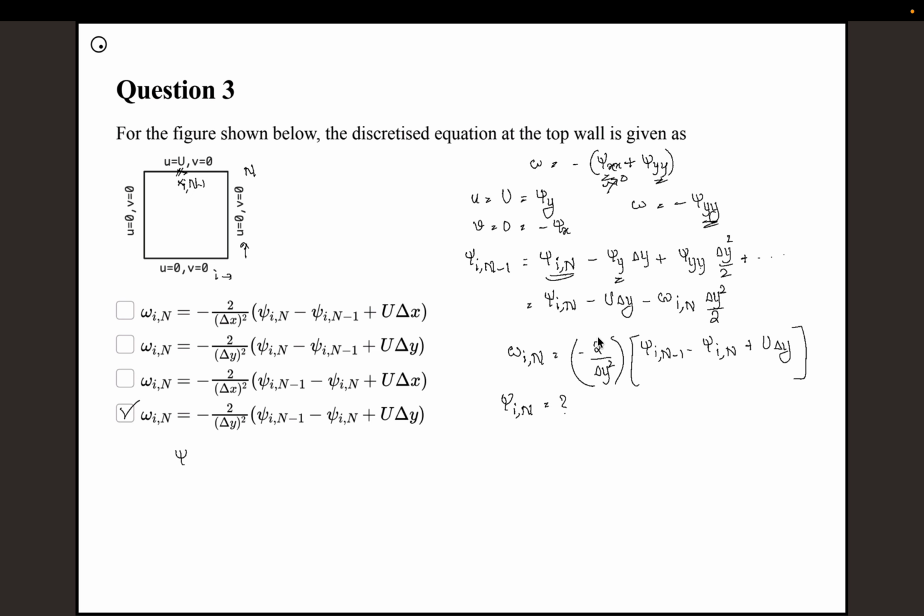For any wall, we know psi is constant, but what should be the value that I should be using?